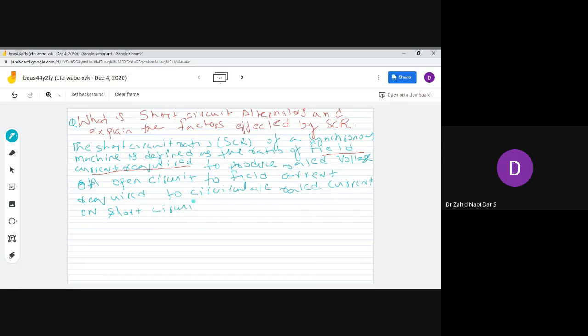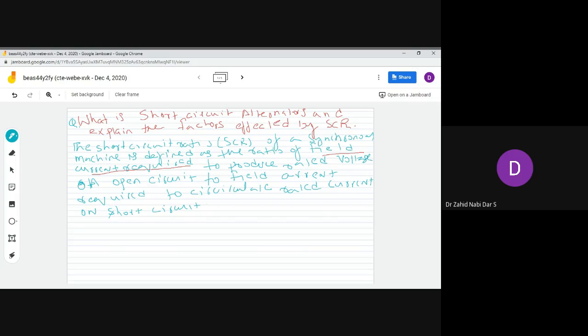So earlier also I have defined voltage regulation. Can any one of you, Manohar, can you describe what is voltage regulation? Ratika, what can you tell me about voltage regulation? Afsa, Nalinakshi, can you tell me what is voltage regulation?